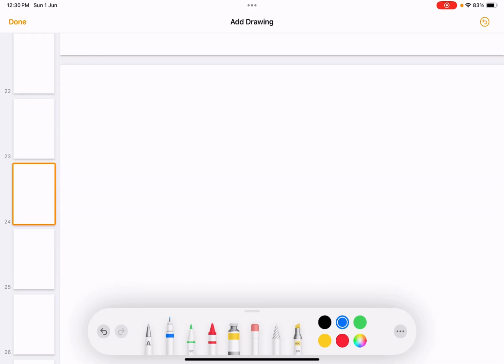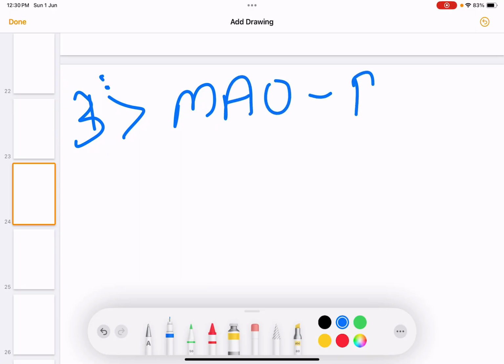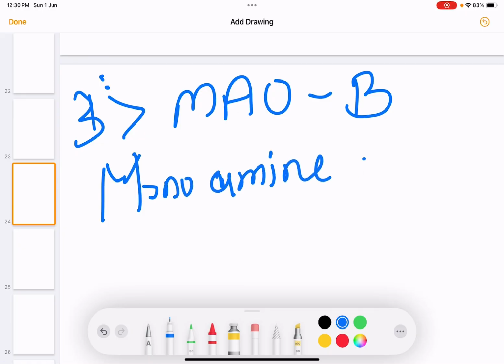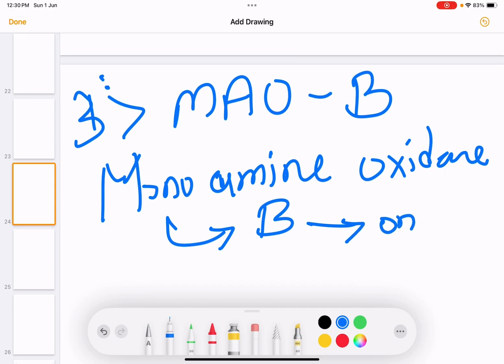Now we will discuss the degradation inhibitors. So first we will discuss MAO-B inhibitors. So MAO stands for monoamine oxidase. And this MAO-B subtype is present only in brain. Now we have already discussed this, that levodopa should not be combined with non-selective MAO inhibitors or MAO-A inhibitors as it can cause hypertensive crisis.